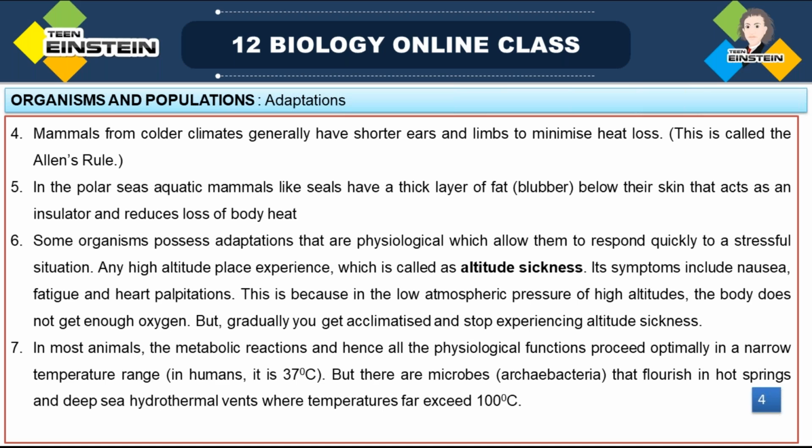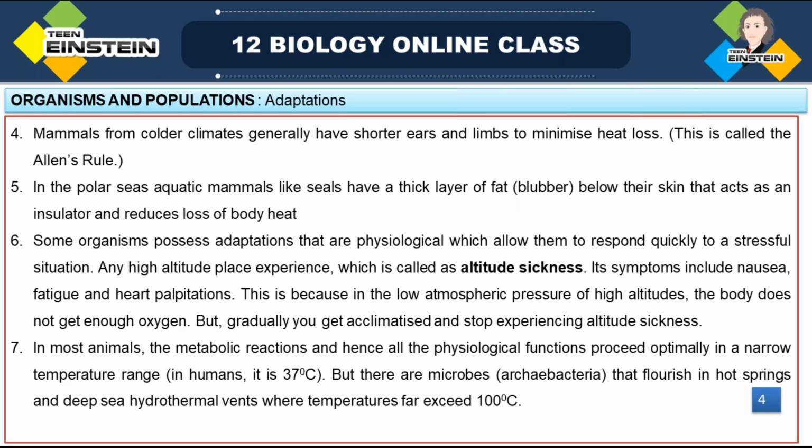Next, we are moving to the next example. In polar seas, aquatic mammals have a thick layer of fat. This thick layer of fat is called blubber. What is blubber?